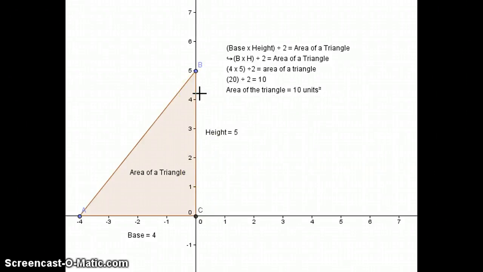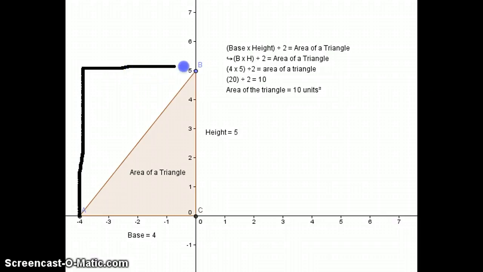Now you might be asking yourself, why on earth are we dividing by 2? Well, there is a very simple explanation to that. Whenever you find the area of a rectangle, you are taking the length times the width. Okay, so if I were to make this a rectangle right now, and I drew a line going straight up, and then straight over, okay, and this is my rectangle, you'll notice that this triangle is essentially half of the rectangle.